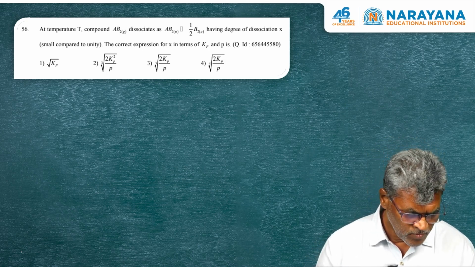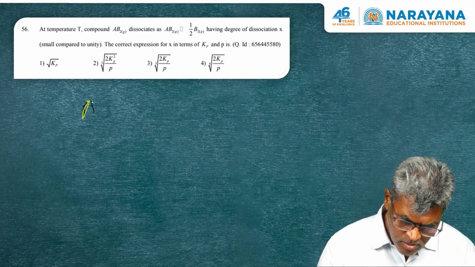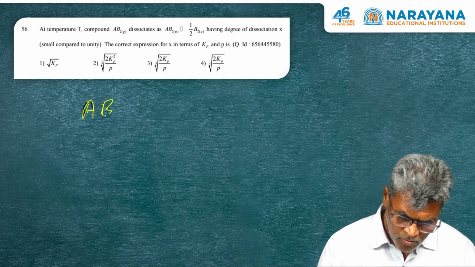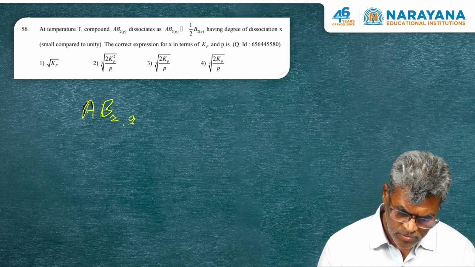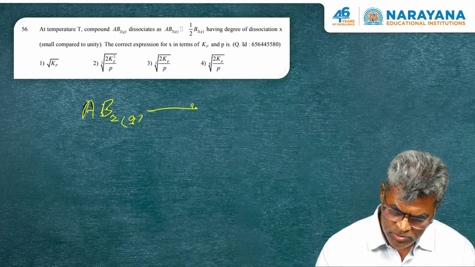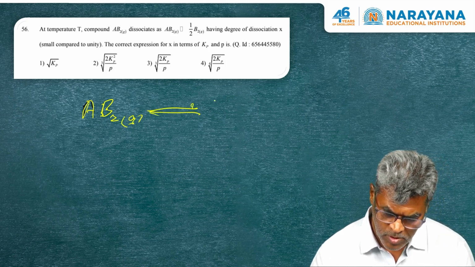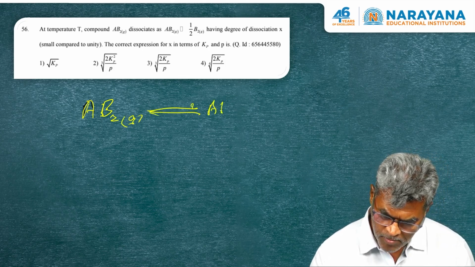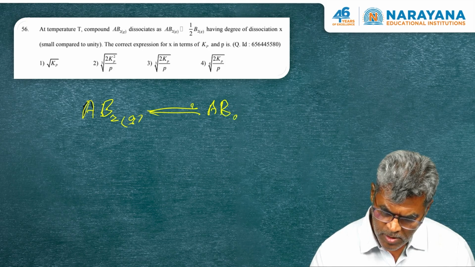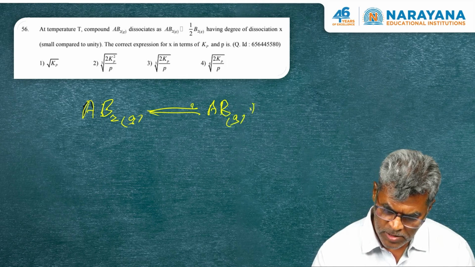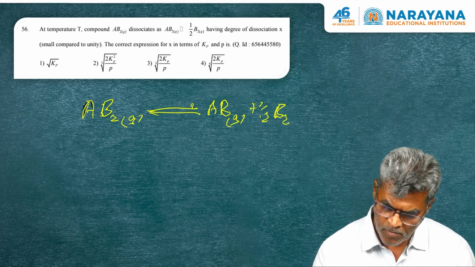So you can write AB2 gas gives AB gas plus half B2 gas.